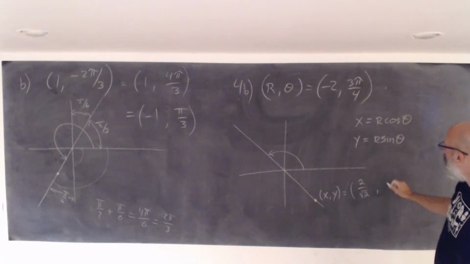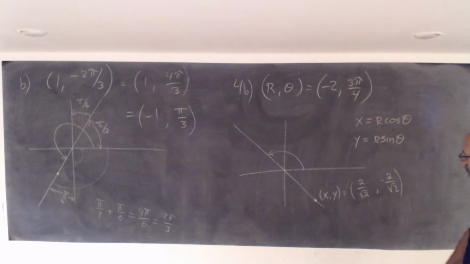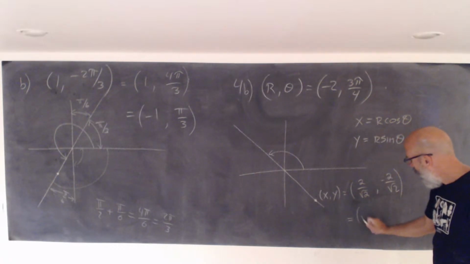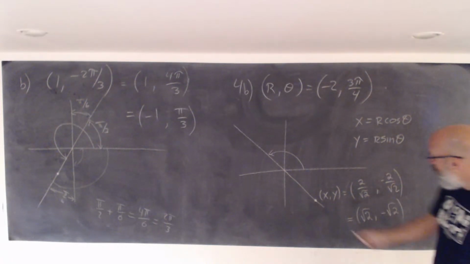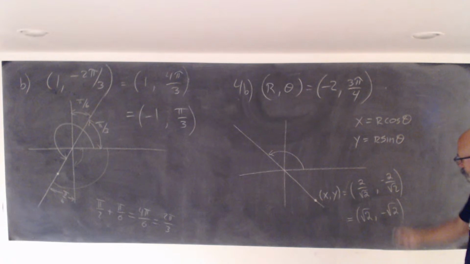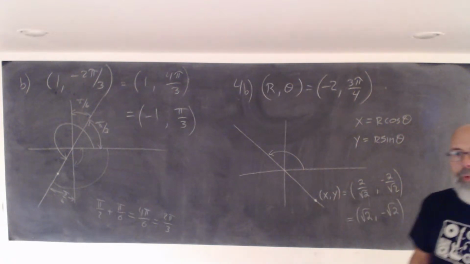So you get -2 over root 2 here. And there it is. Or if you prefer, root 2, negative root 2 is the point. Which makes a lot of sense, right? We were expecting a positive x, but a negative y.